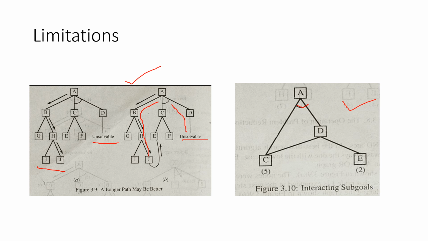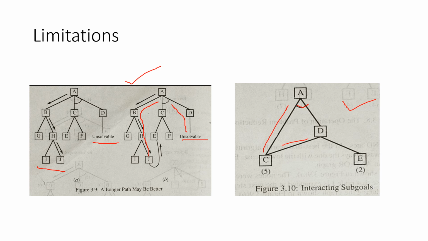That means subgoals are not independent. So solving one subgoal affects the other one. You can see here C is the subgoal of A and also C is the subgoal of B. So that means subgoals are not independent and solving one subgoal may affect another goal.